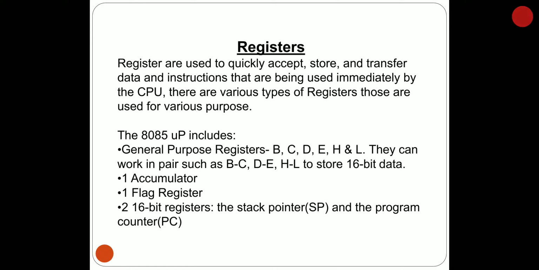The 8085 microprocessor includes general purpose registers such as B, C, D, E, H and L. They can work in pairs such as BC, DE, HL to store 16 bits of data. It also has one accumulator, one flag register and two 16-bit registers, the stack pointer and the program counter.